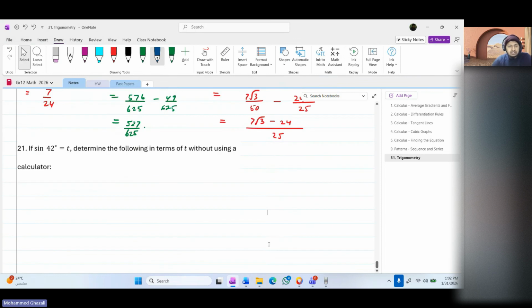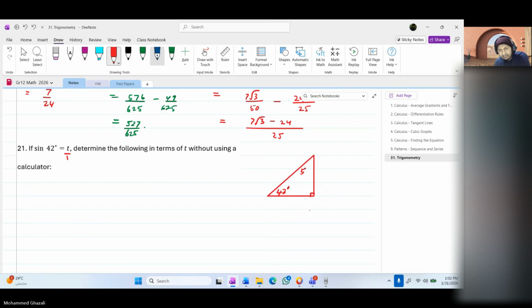Right, so sine 42 is equal to t. Now, whenever a problem like this is given, you need to make it over 1, so that's t over 1. It's just a basic diagram question. So we're going to draw the diagram for this, t over 1, and then solve everything else. So sine 42, we put 42 degrees here.